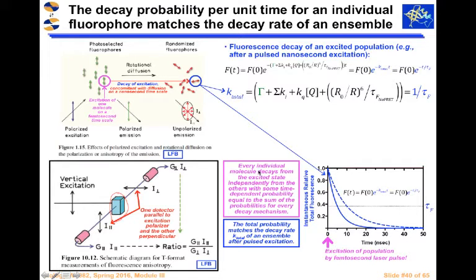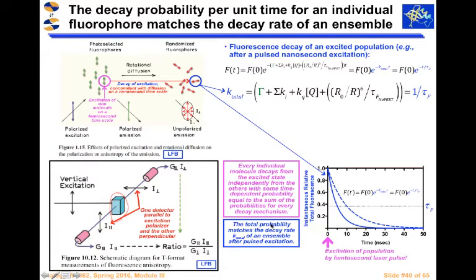So every individual molecule in the excited population will decay from the excited state independently from the others with some time-dependent probability that will be equal to the sum of the probabilities for every mechanism, right? So the probability of decay per unit time for a given fluorophore will be the sum of the probability of decay per unit time for each of the individual decay processes.